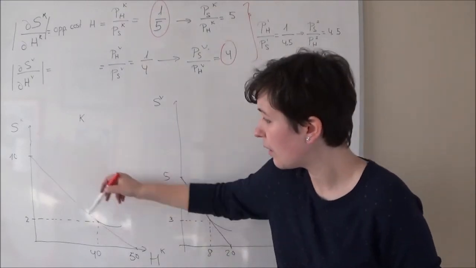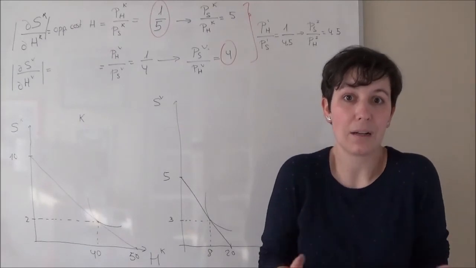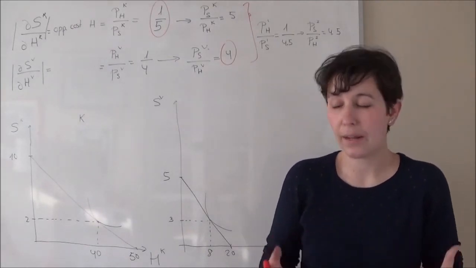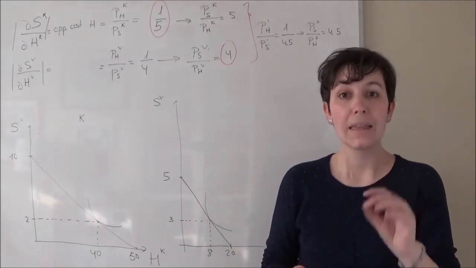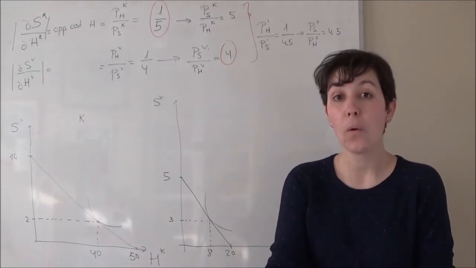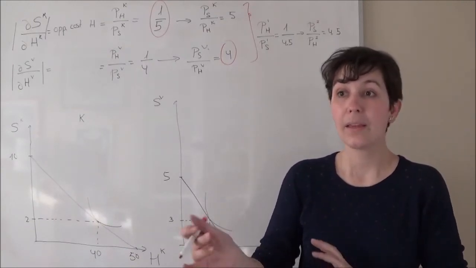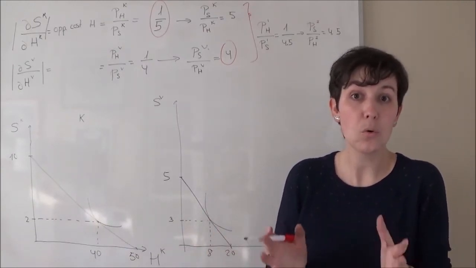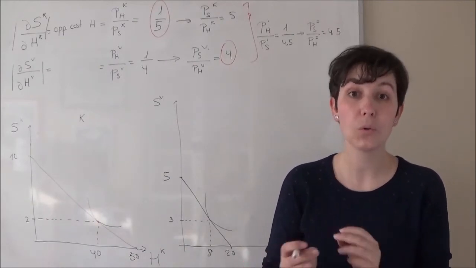It can be in any of these points, but we need to consider the market in the case of labor, so the labor market. We know that in a closed economy, that is going to happen when wages are equal in both sectors. So that means that the relative price curve is equal to the opportunity cost.